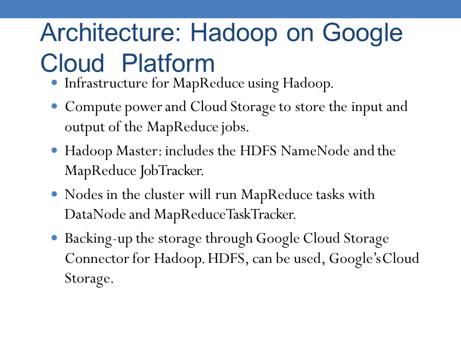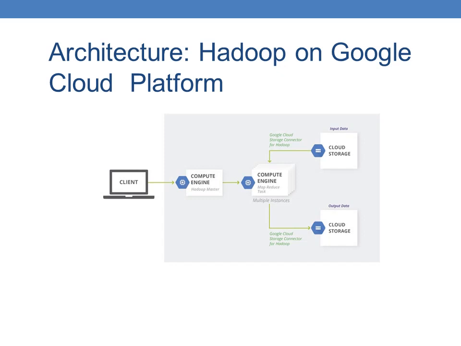Nodes in the cluster run MapReduce tasks with the data node and MapReduce task tracker, backing up the storage through Google Cloud Storage. The connector for Hadoop HDFS can use Google's cloud storage. This is the architecture of Hadoop on the cloud platform.